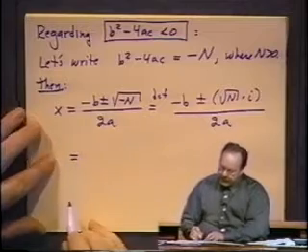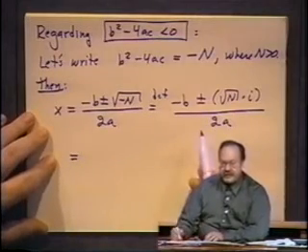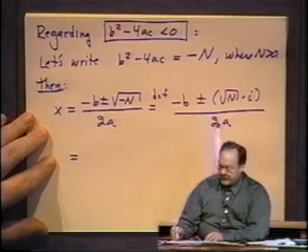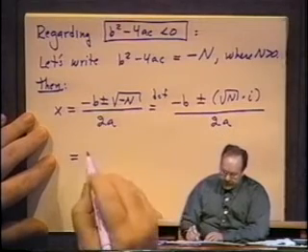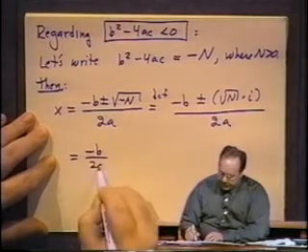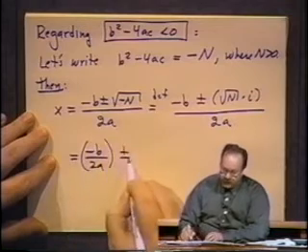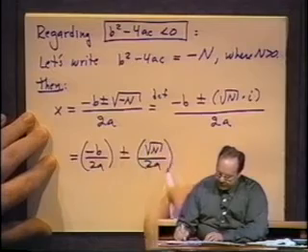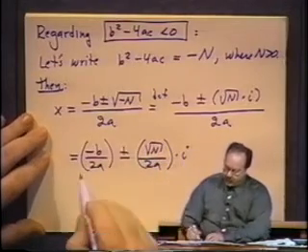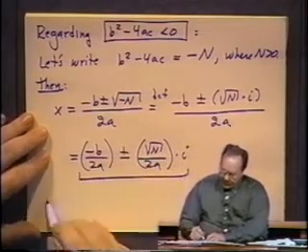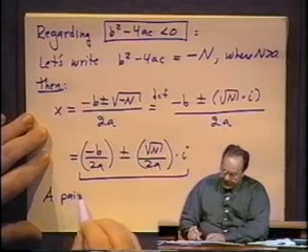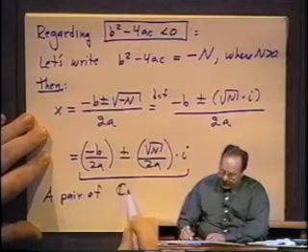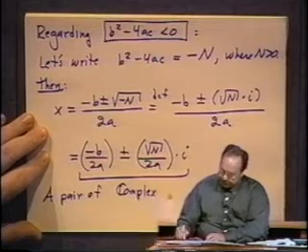And if we break this apart further into two separate pieces, this is plus or minus on top with the same denominator. So this becomes minus b over 2a plus or minus the square root of n over 2a times i.